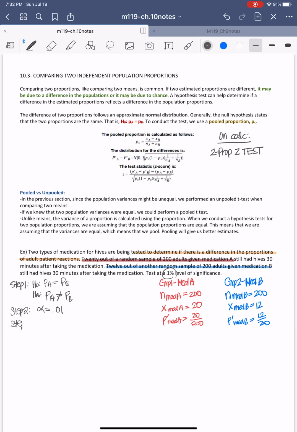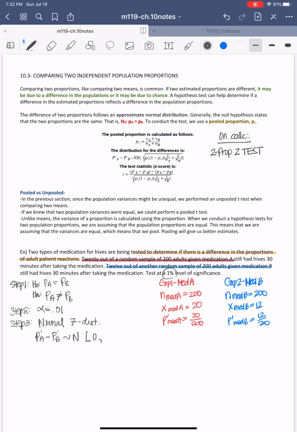Step 3, this is a normal Z distribution because this deals with the proportion.